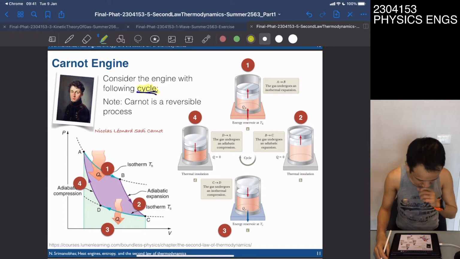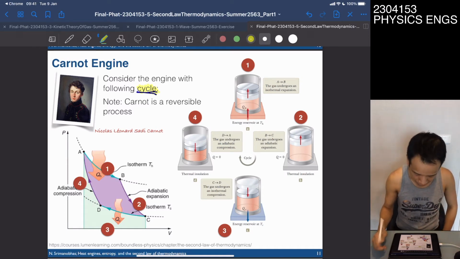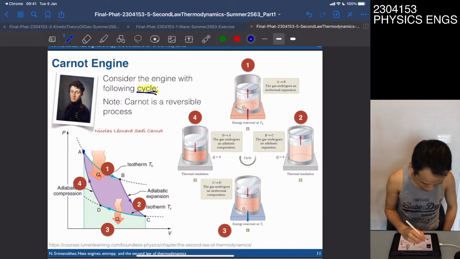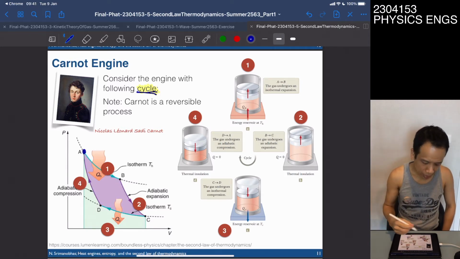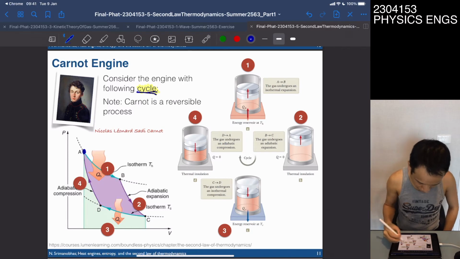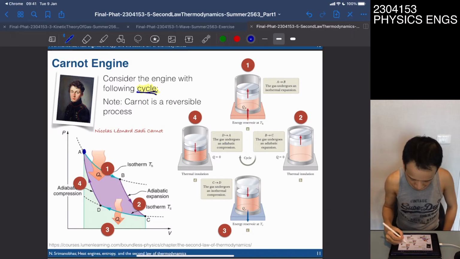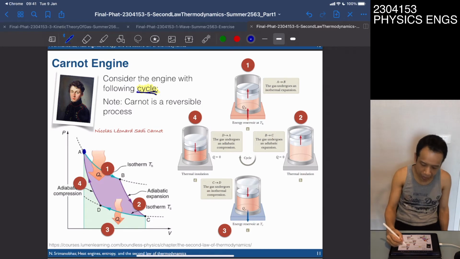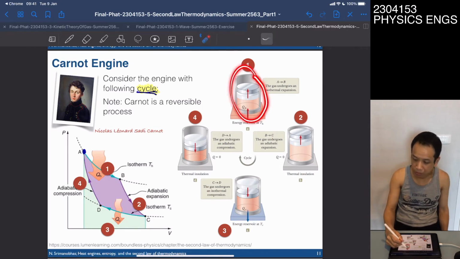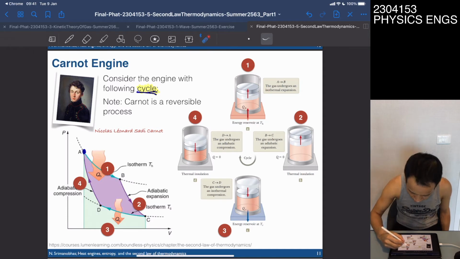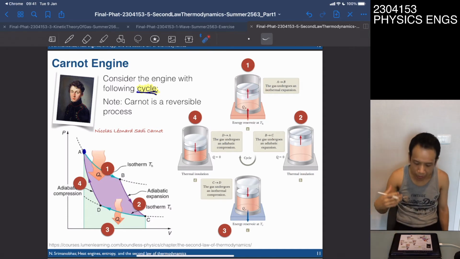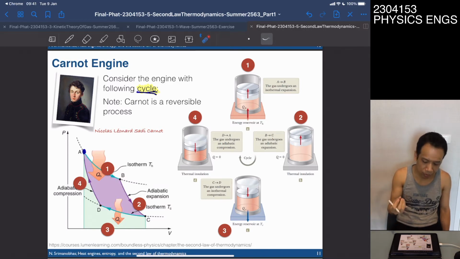So first you start from, for example, point A, and the system evolves by the isothermal process. You have the tank of gas here, and then the piston starts to move. However, when it starts to move, the gas does work, so you need to add some heat to keep the system at the same temperature, so it is isothermal.